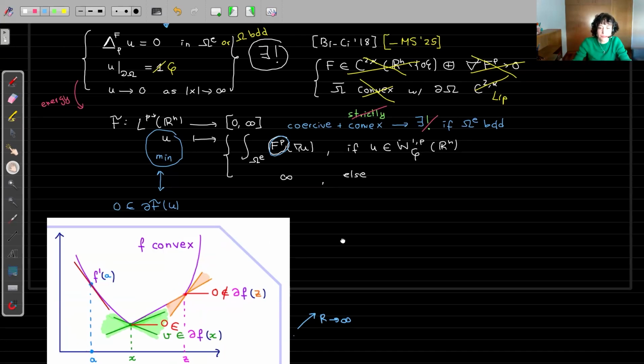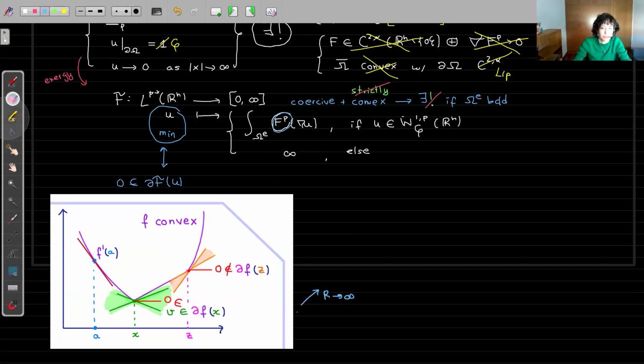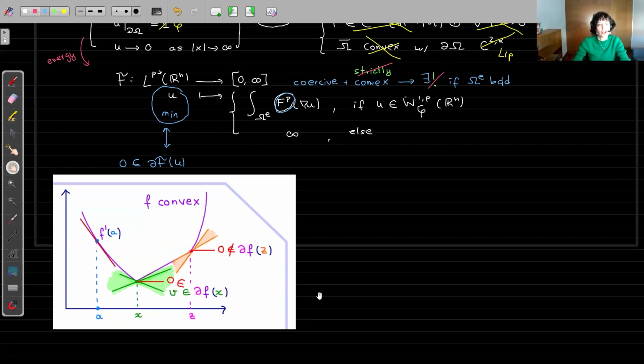If we have a convex function and you have a smooth point, then you have the tangent slope, that's no problem. But if you have a non-smooth point, then all the possible slopes belong to the subdifferential.